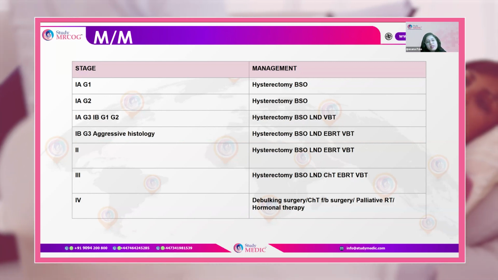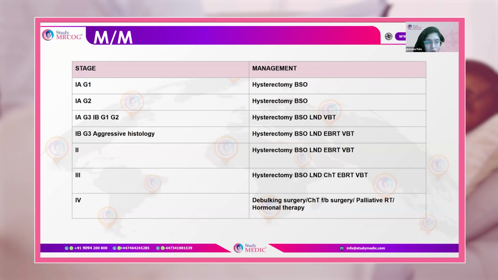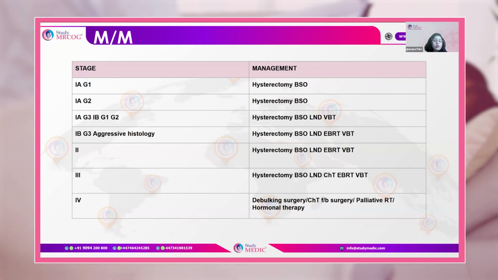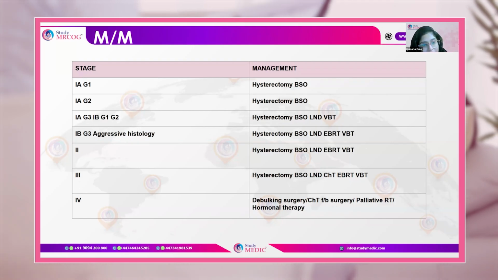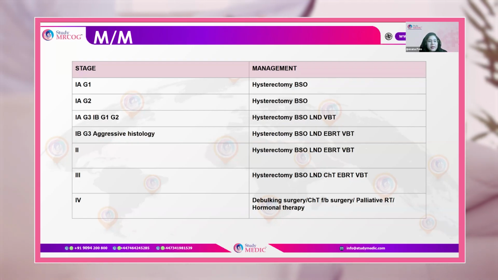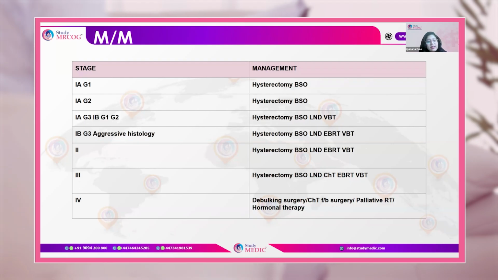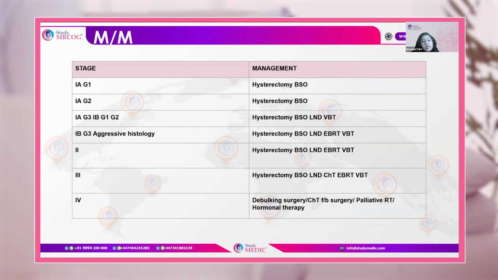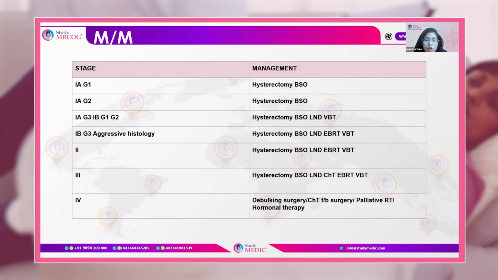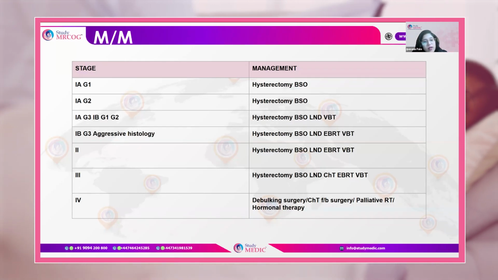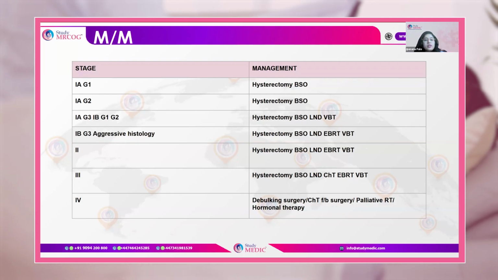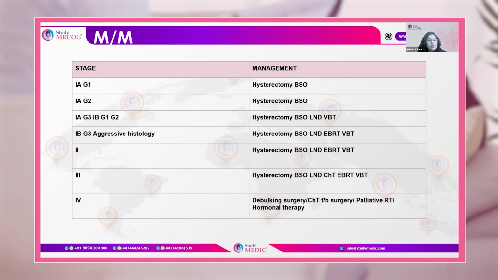In 1B grade 3, or if it is an aggressive histology, as far as our question is concerned, that is poorly differentiated, grade 3 and 1B, you have to go for a lymph node dissection. It has to be done from 1A grade 3 and 1B onwards.